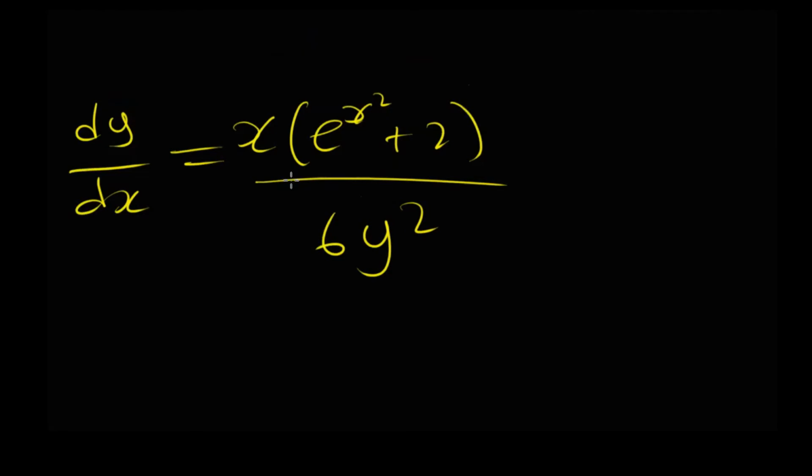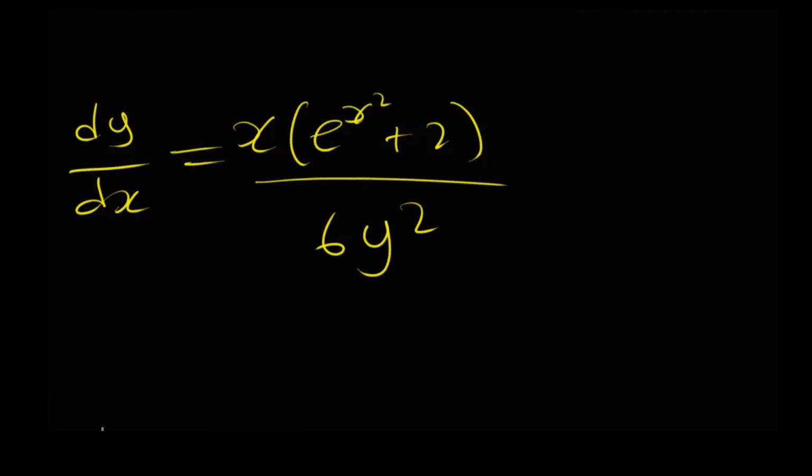So how can you approach this one? How do you think we can approach this one? You take y to the left hand side, 6y squared. And then simultaneously you can also bring dx to this side.